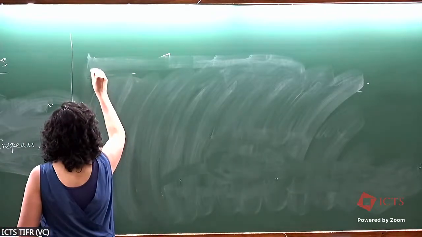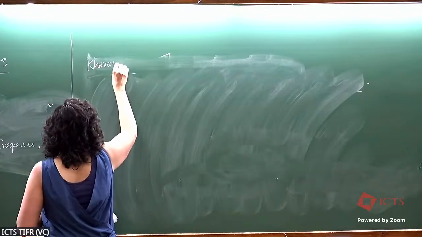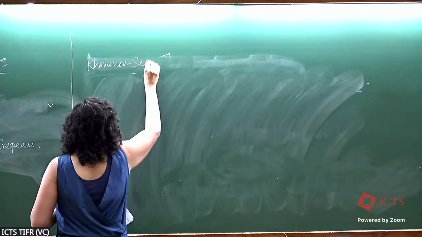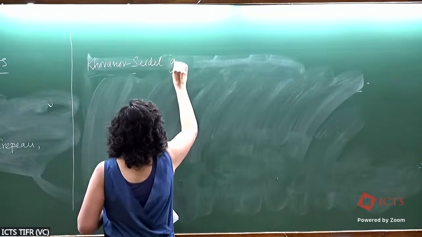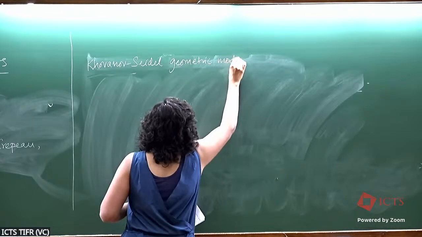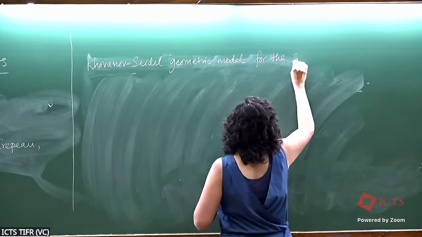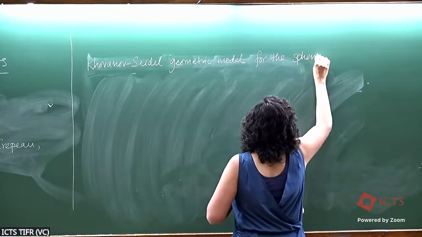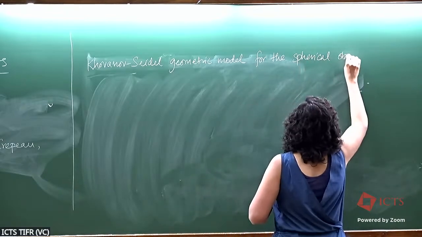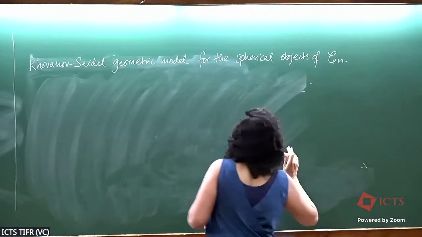Okay. So let me explain this Khovanov-Seidel geometric model for the spherical objects of Cn.